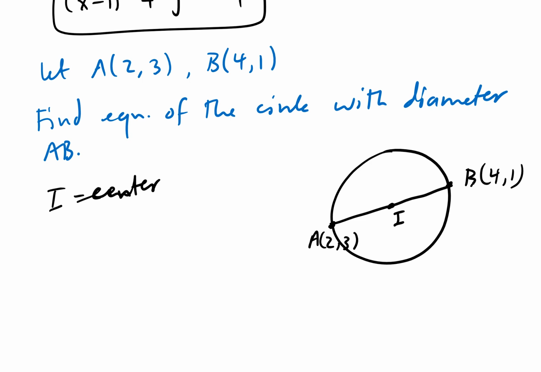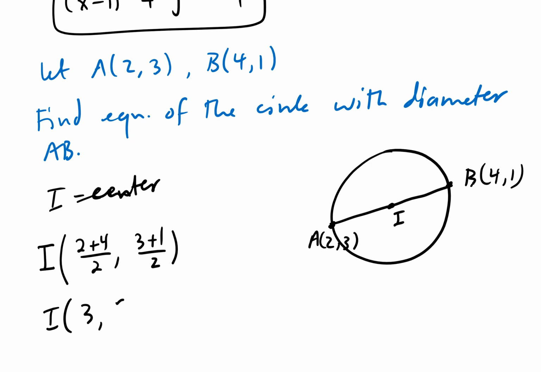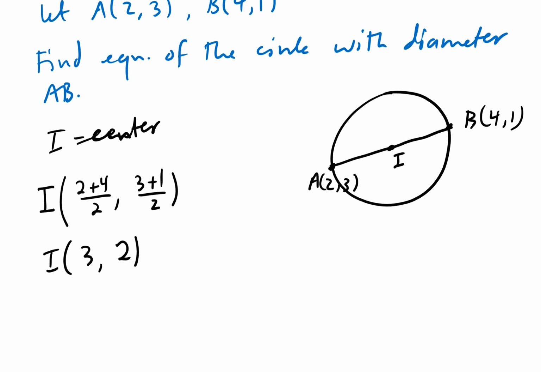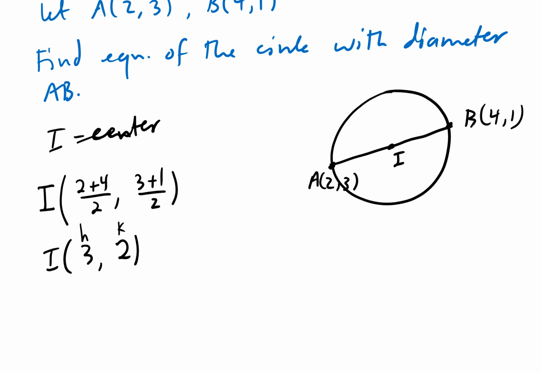To find the equation of the circle, you need the center and radius. How do I find the center? The center is the midpoint, so I find the coordinates of the midpoint. 2 plus 4 divided by 2, 3 plus 1 divided by 2. So I is 3 comma 2. That's the center. This is h and k.